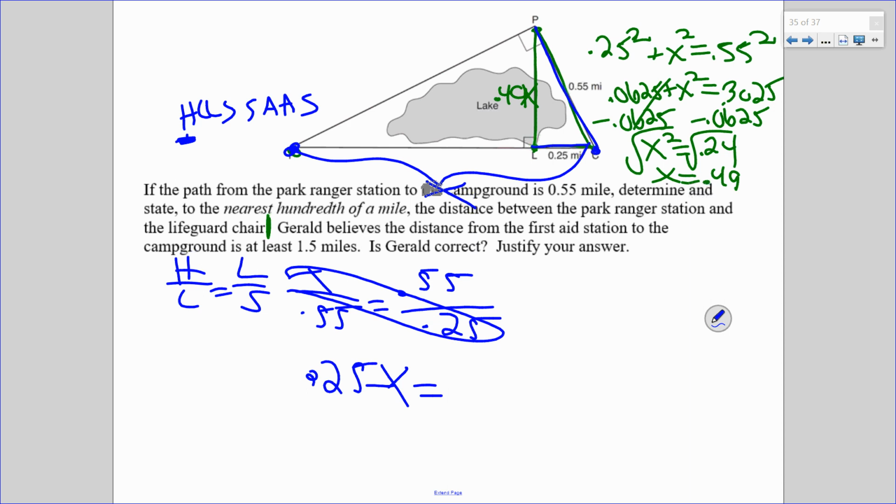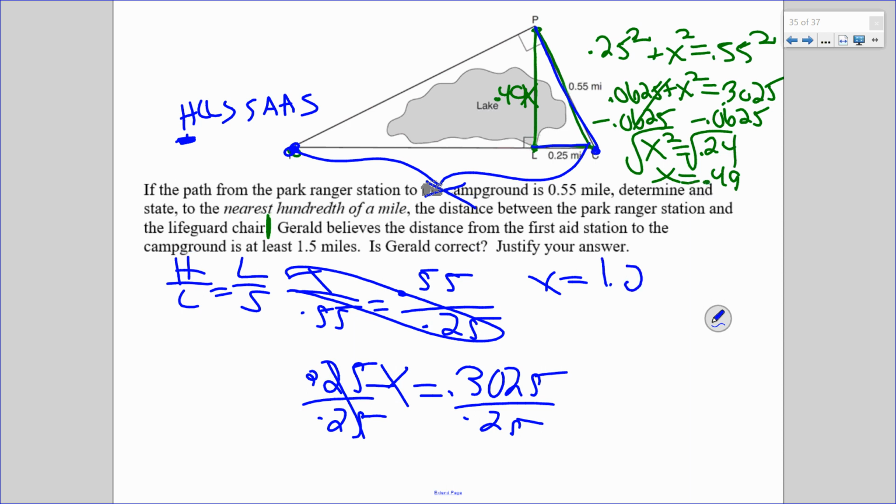I'm using my calculator for that. Is 0.3025. Divide by 0.25, divide by 0.25, x equals 1.21 miles.